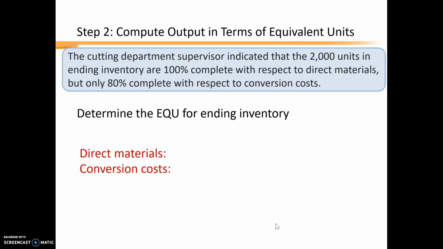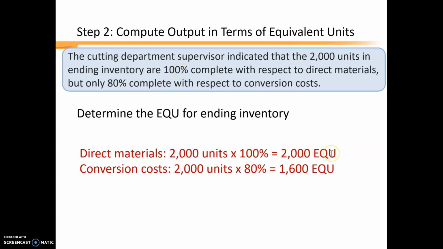The ones in ending work in process, those are the ones that we have to look at the percent completion, right? Direct materials may be at 100%, but the ending work in process means that the conversion costs are less than 100%. So here's an example. The cutting department supervisor indicated that the 2,000 units in ending inventory are 100% complete with respect to direct materials, but only 80% complete with respect to conversion costs. So for direct materials, these 2,000 units times 100% gives you 2,000 equivalent units.